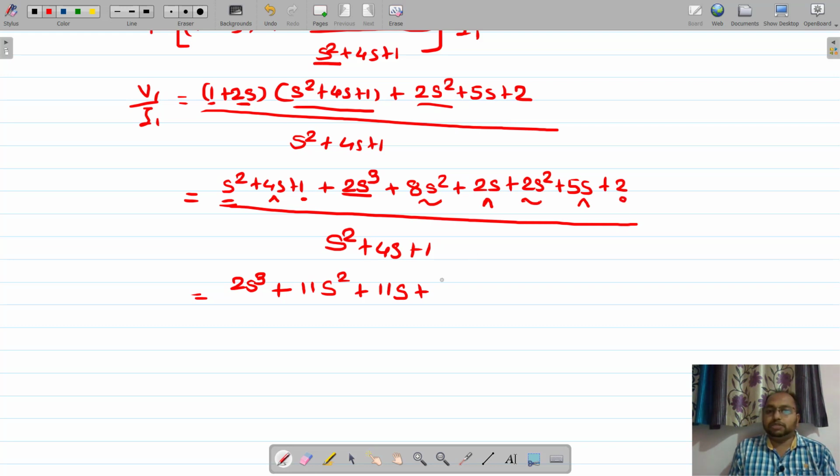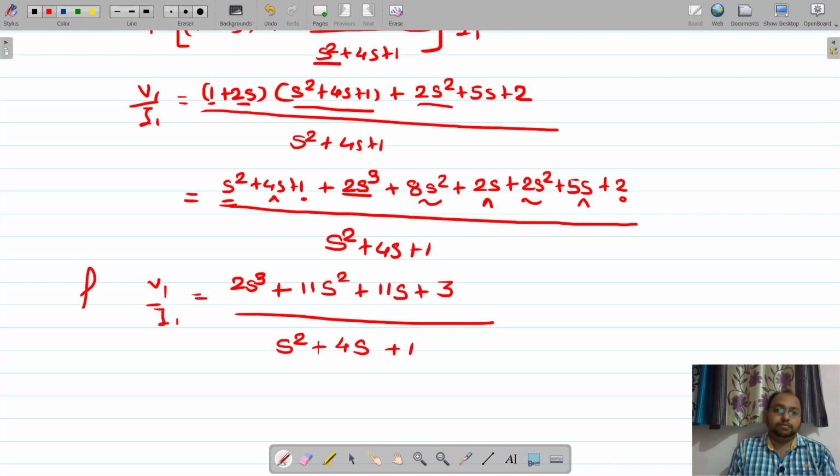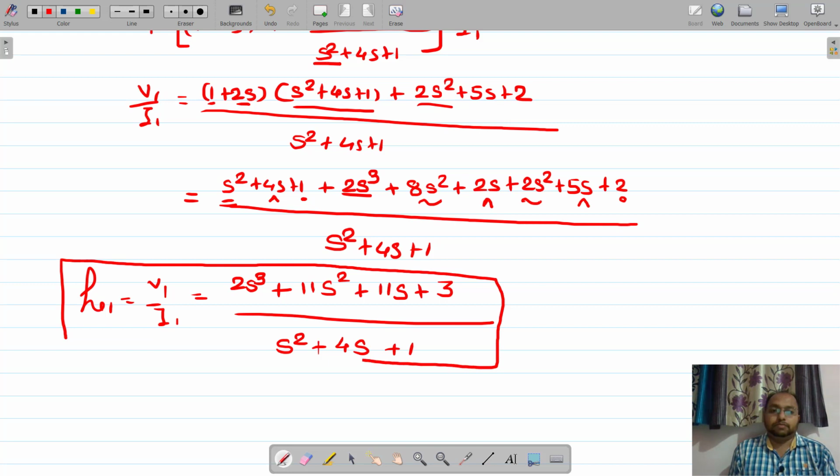So this is 3 divided by s square plus 4s plus 1. This is our h11, right? Is it fine? So we have found out the first h parameter.